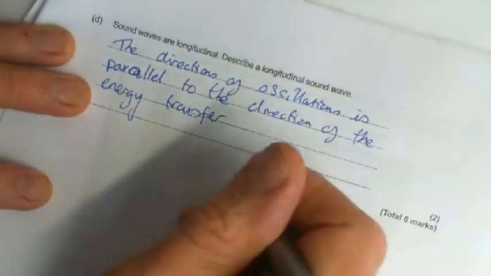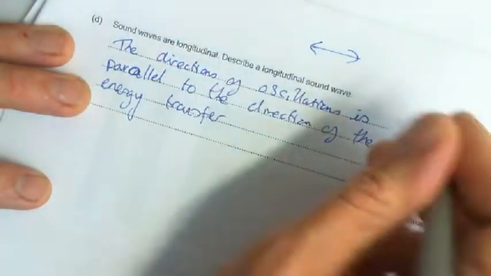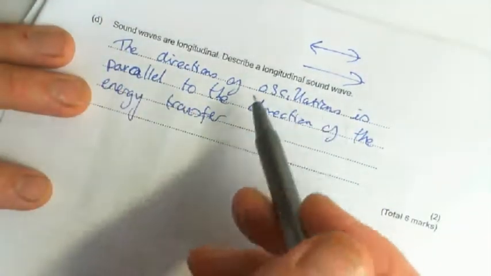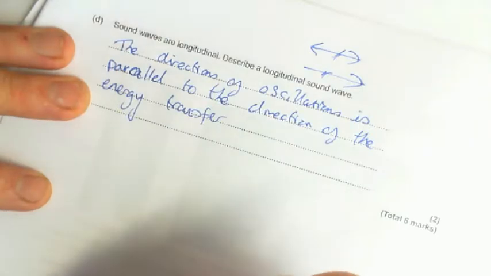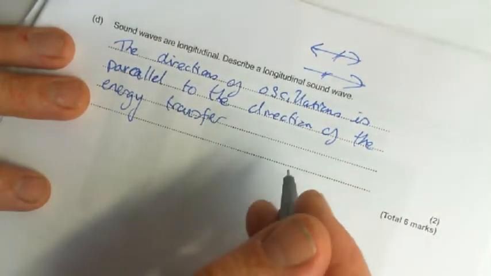So something along the lines of oscillation in that direction, going backwards and forwards, energy going parallel. So these two lines being parallel. And I'd be even tempted to draw that as a diagram and then write it into words here. That gets you 1 mark.